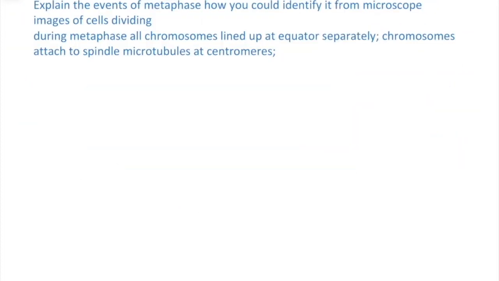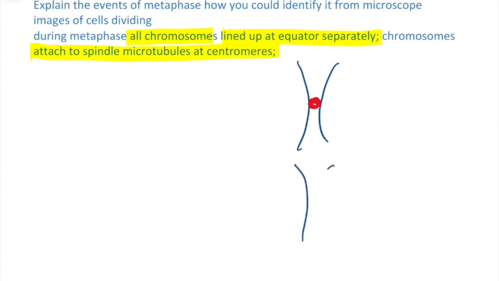So what's happened in metaphase is, they're double-stranded chromosomes, and all the chromosomes are lined up at the equator separately. The chromosomes attach to spindle microtubules and they attach at their centromere. One important point here is that if this was chromosome number 1, there's another chromosome number 1, and they line up separately in mitosis along the equator.